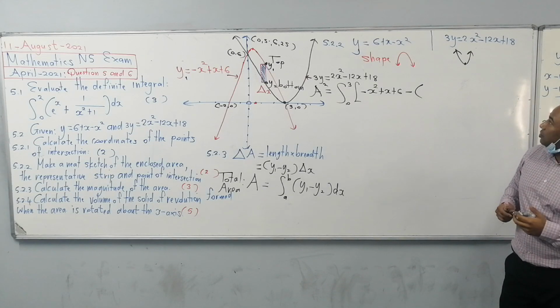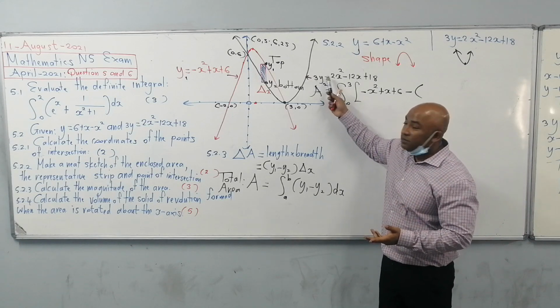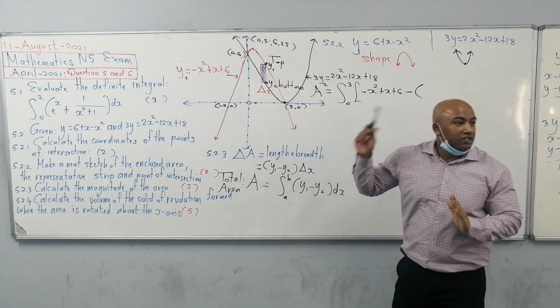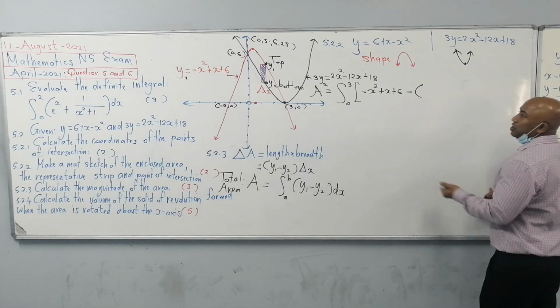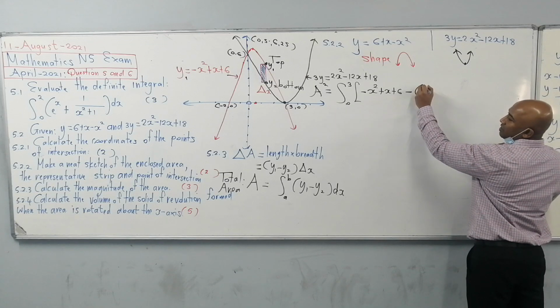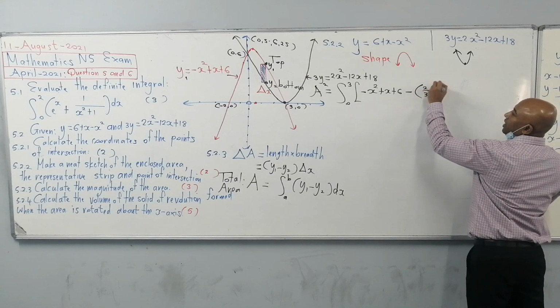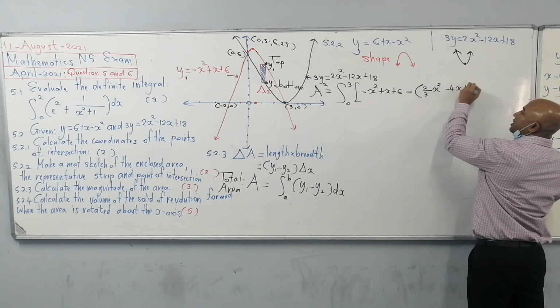Now, what is y2? Here's y2. But sorry, this is 3 times y2. Obviously, I need to divide by 3 first because I need to make y2 the subject of the formula. So y2 is, we just did it a few minutes ago, 2 over 3 x squared minus 4x plus 6.